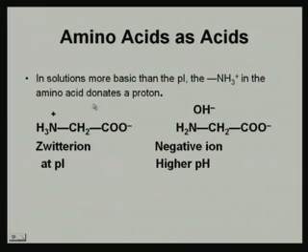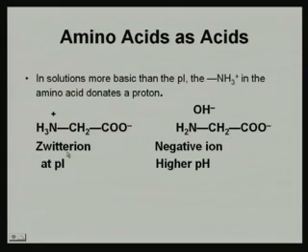Now, consider the amino acid acting as an acid in a solution more basic than the pI. What is the pI? It is the isoelectric point where there is no net charge present on the amino acid. The NH3 plus in the amino acid donates a proton and forms this ionic structure.